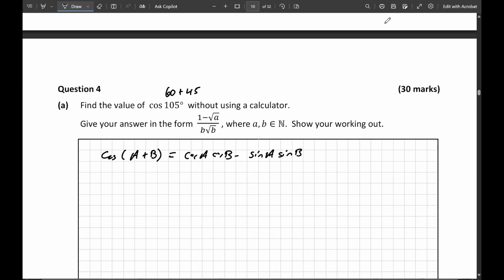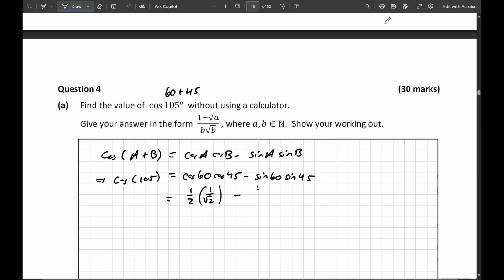Okay. So cosine of 105 is cos 60 cos 45, take sine 60 sine 45. Cos of 60 is a half, and cos of 45, I'll write it as 1 over root 2, because we'll get root 2's popping up on the bottom, so I think that's probably best.